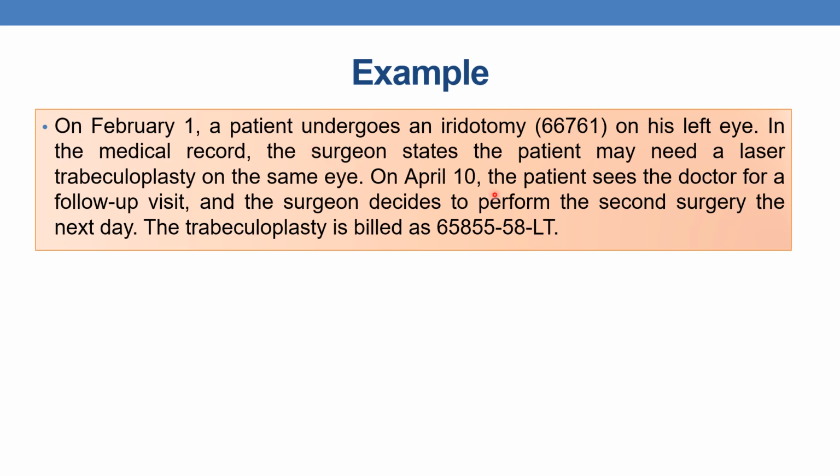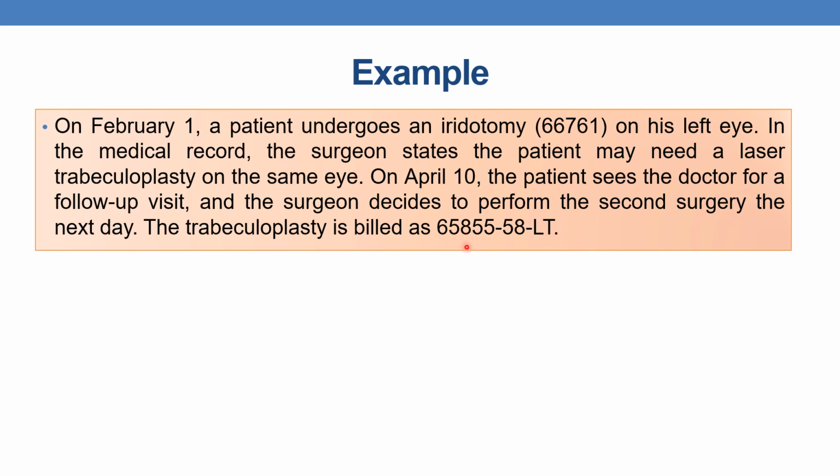On April 10th, the patient sees the doctor for the follow-up visit and the surgeon decides to perform the second surgery the next day. So here, the trabeculoplasty should be billed with the 58 modifier and the LT modifier to indicate left side laterality.